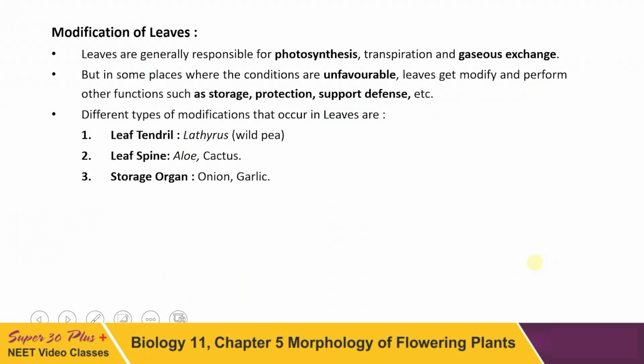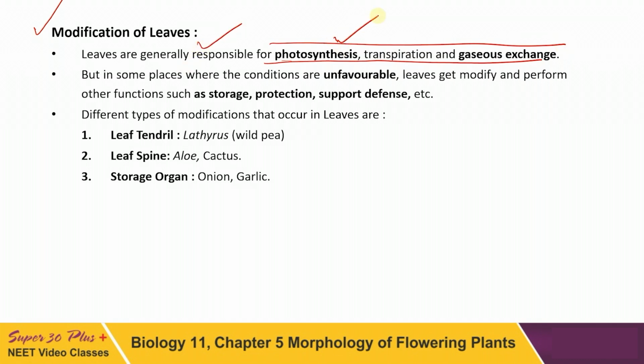Now we have to see modification of leaf. The function of the leaf is photosynthesis and gaseous exchange. This function will be done by a typical, normal leaf. Generally, they are responsible for photosynthesis because they are green, and they have stomata which are responsible for gaseous exchange.